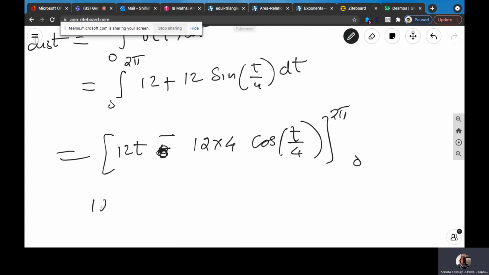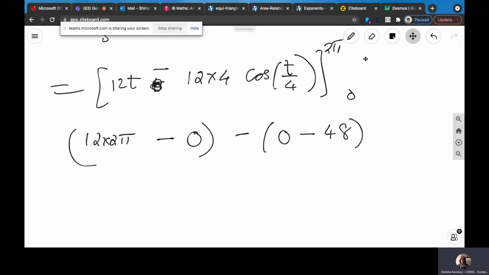And now the value becomes 12 into 2 pi minus, if I substitute 2 pi, it will be cos of pi by 2, which is 0, minus, substitute the lower limit, 12 into 0 is 0, minus cos of 0 is 1, so minus 48.